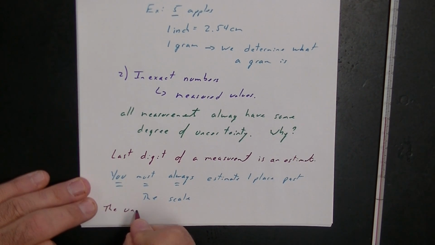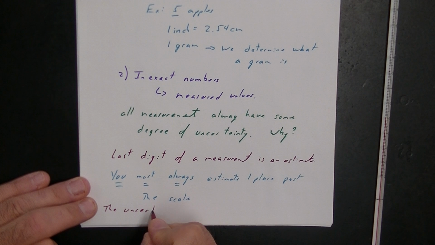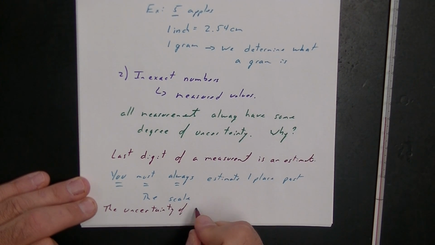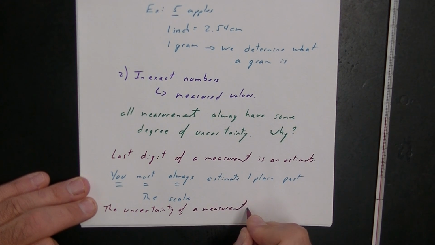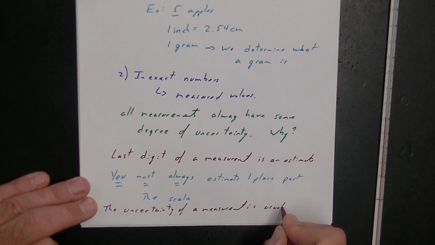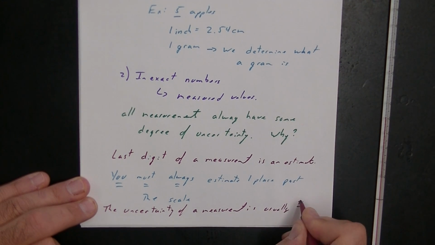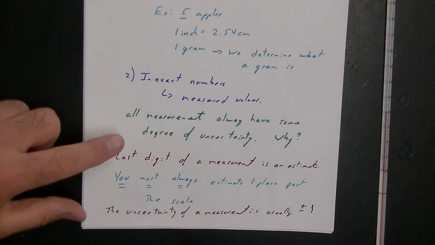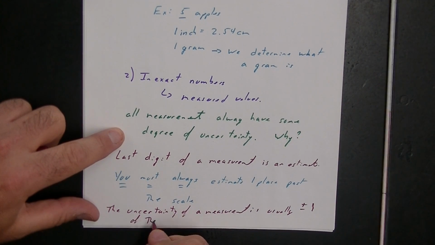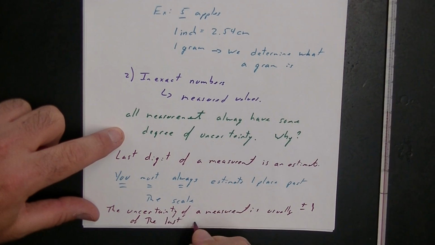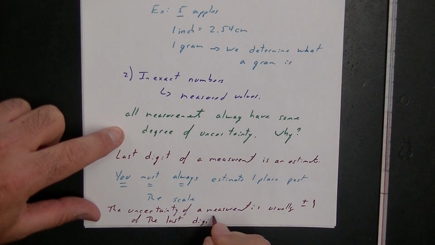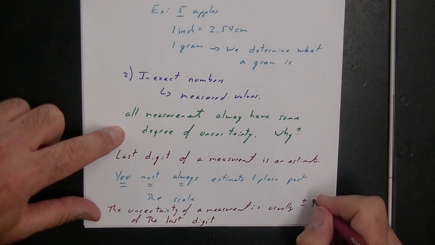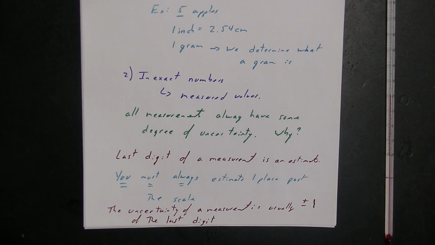The uncertainty of a measurement is usually plus or minus 1 of the last digit. Plus or minus 1 of the last digit. We're going to talk about that.